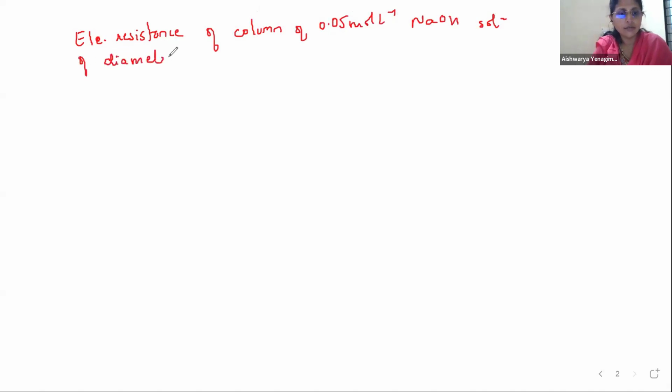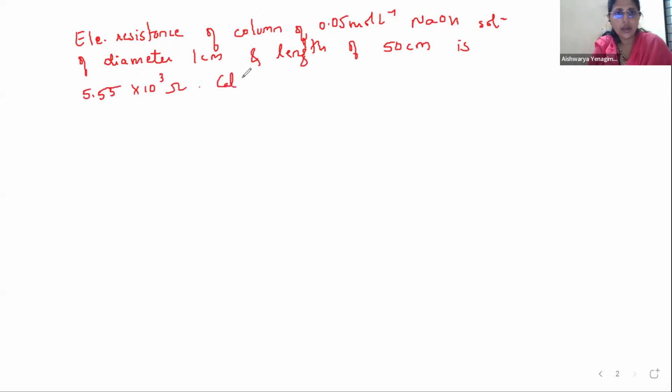The electrical resistance of a column of 0.05 moles per liter NaOH solution, of diameter 1 centimeter and length of 50 centimeter, is 5.55 into 10 raised to 3 ohm.